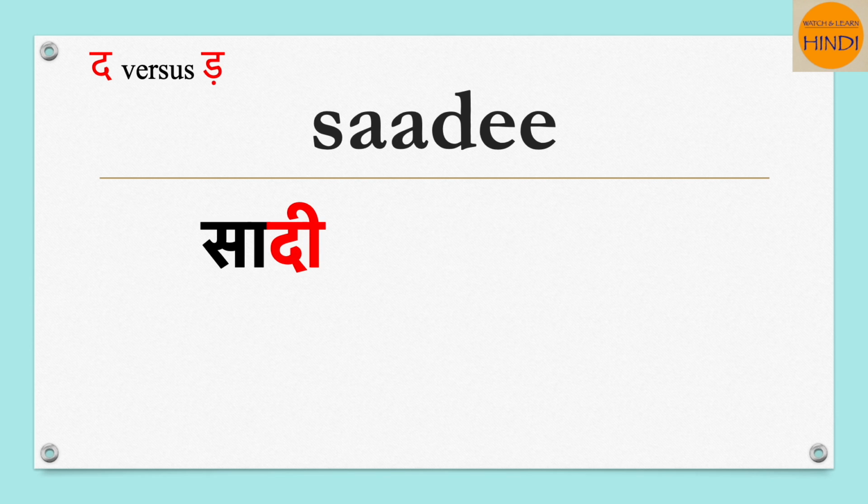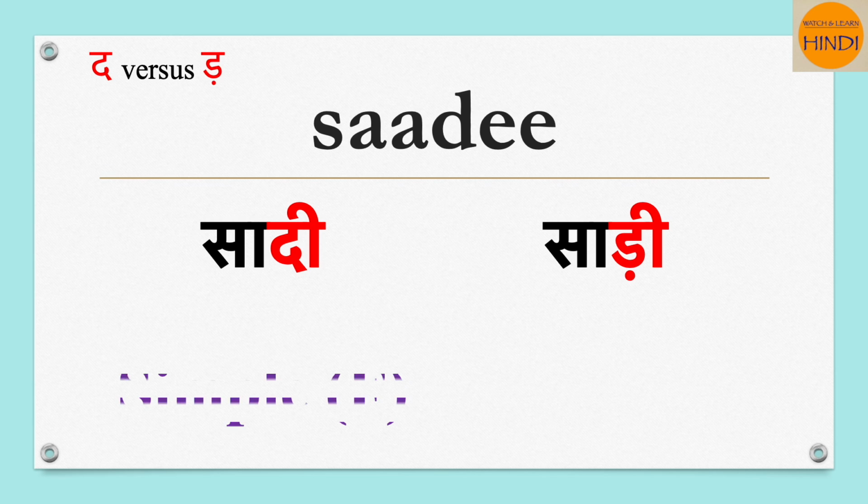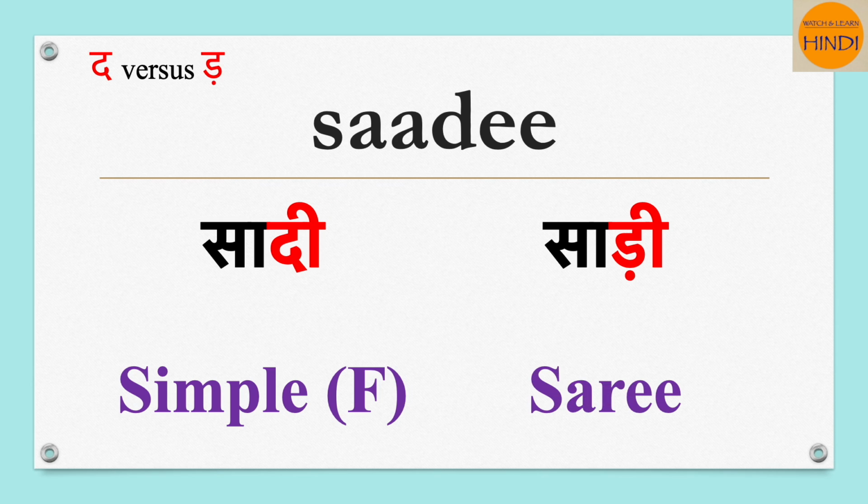This can be sadi or sadi. Sadi is simple, feminine. Sari is a garment worn by women. So these were all the examples of the versus r.